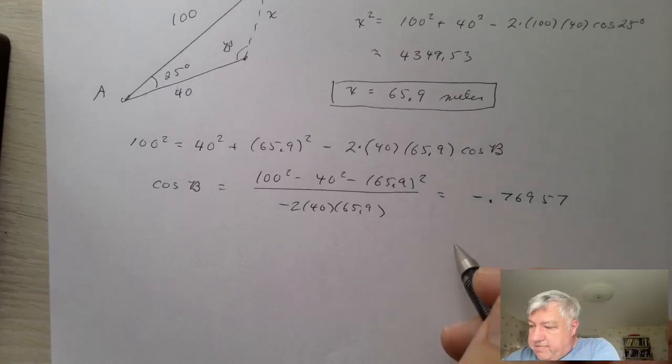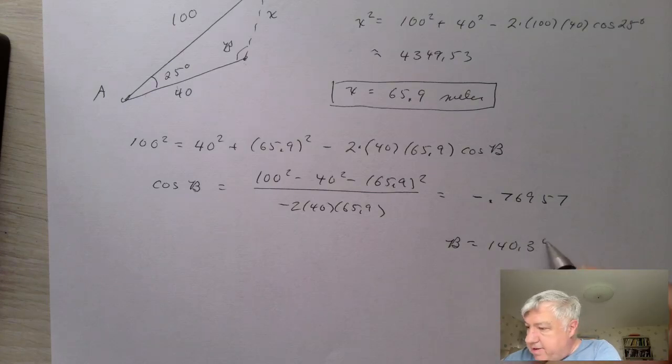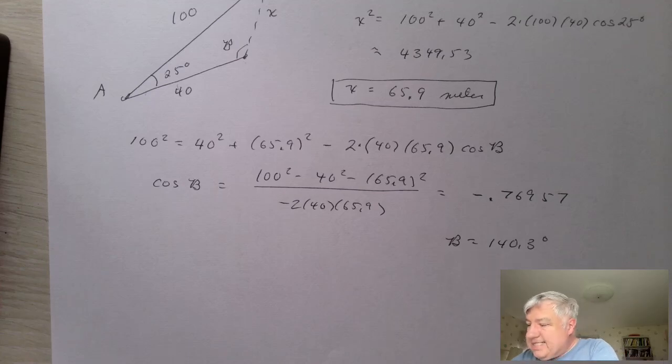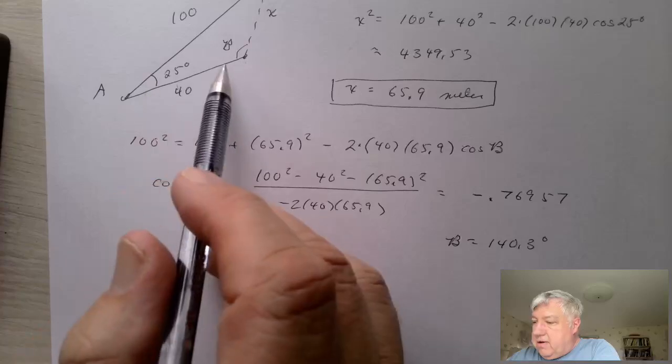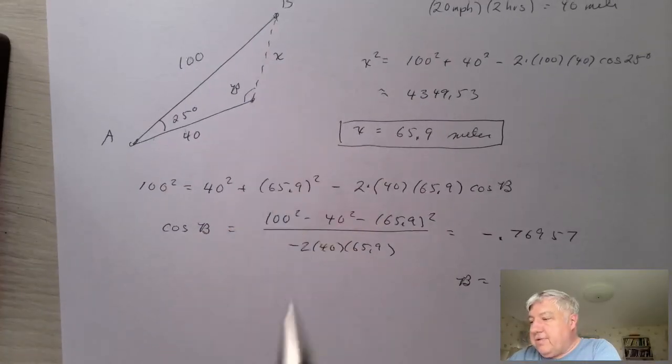So beta in this case is the inverse cosine of that, and that's 140.3 degrees. So what does that mean for our boaters? They have to turn in this direction, right?